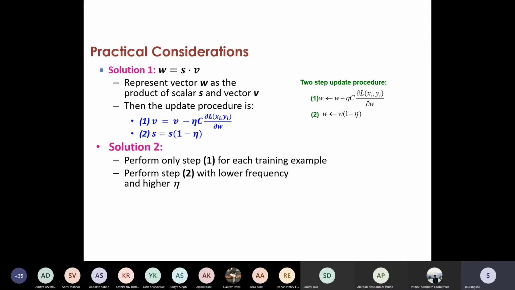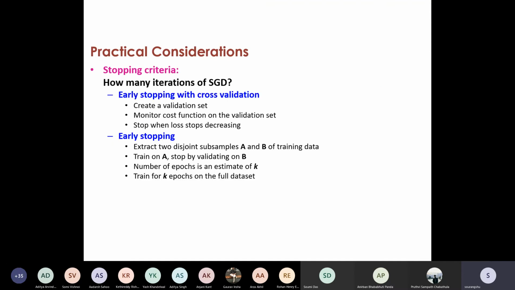So this is what I just described. Lastly, the question is, till what time should you run the SGD iterations? The answer is that all the proofs were for t tending to infinity.